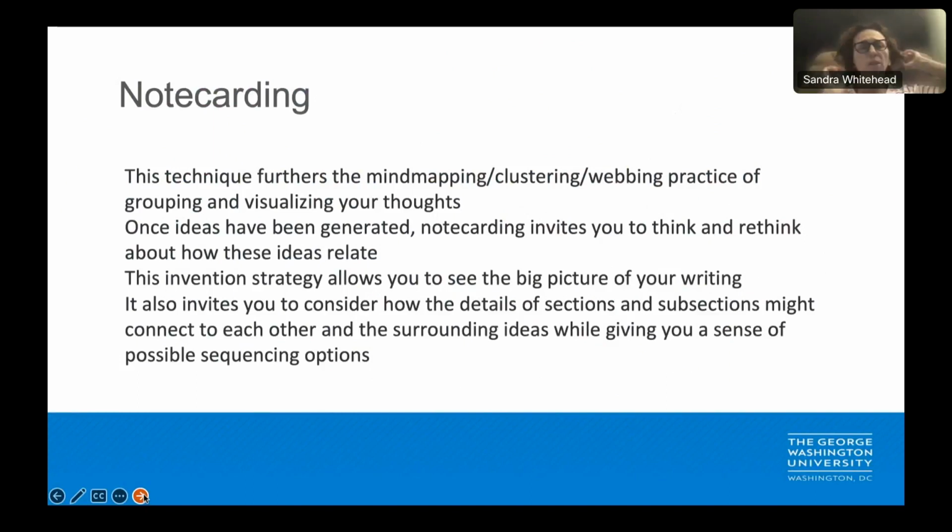So you could do this in a spreadsheet where you have all of these ideas that you've generated and you put them in columns across and down so that you're making a matrix of your ideas. Or you could use literal note cards where each note card is about a particular thought bubble that you have.